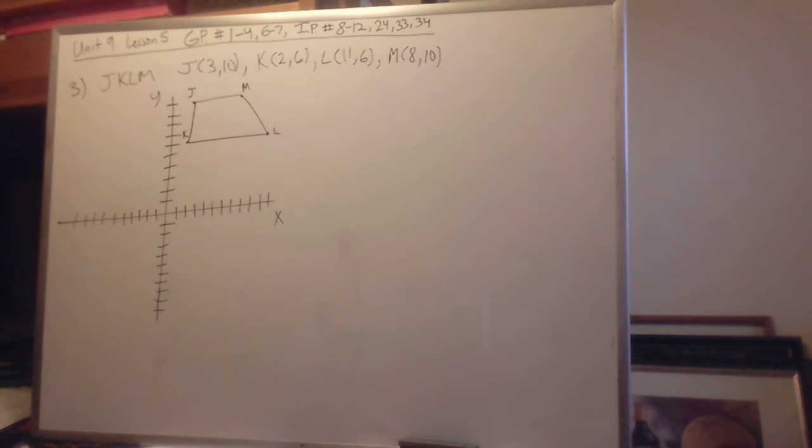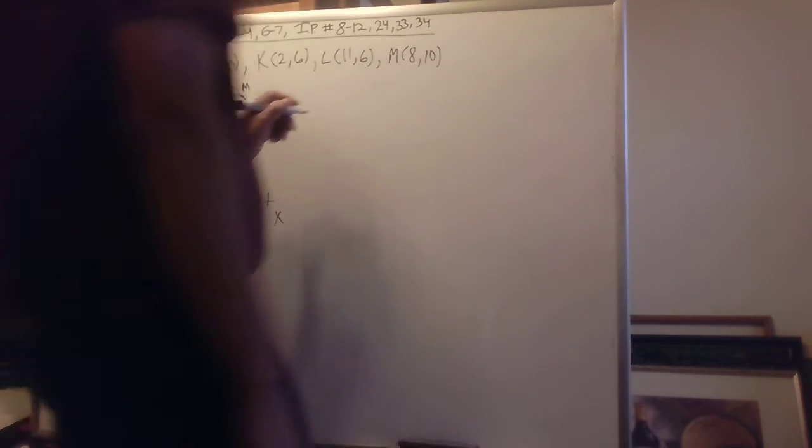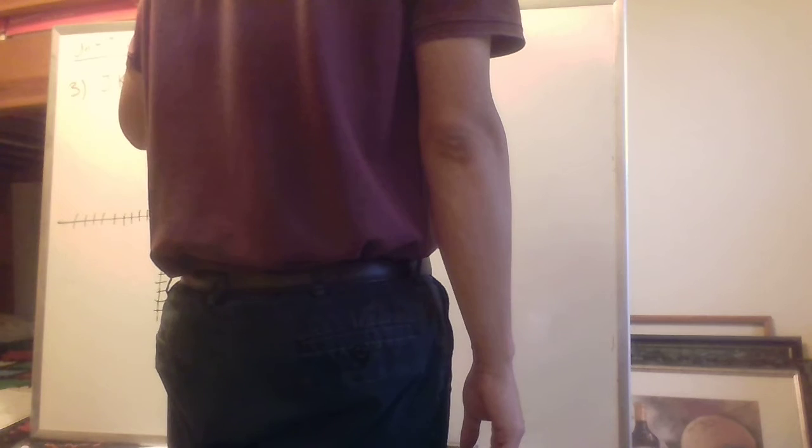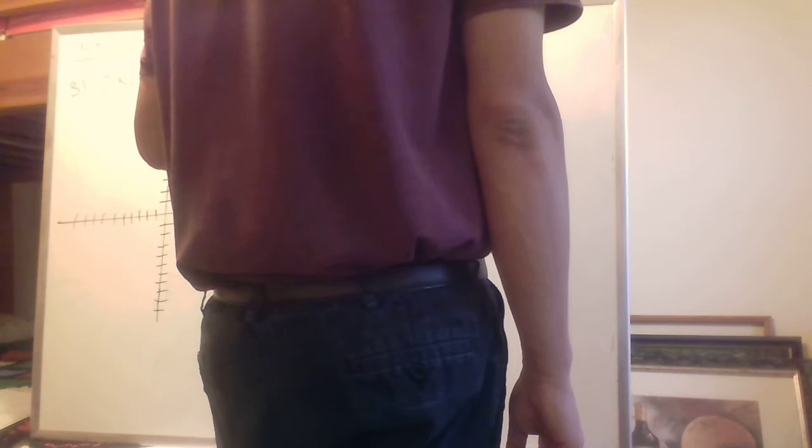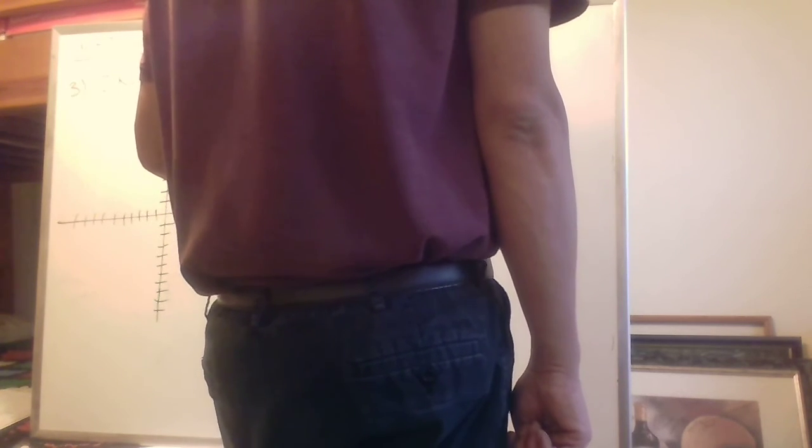All right, so it wants us to verify if this is a trapezoid. And so what we're going to have to do is find the slopes of each of the sides to verify if this is a trapezoid. We're going to look at the slope of JM, the slope of KL, the slope of ML, and the slope of JK.